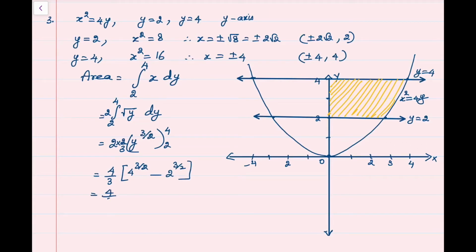Let us simplify. 4 power half is 2, 2 cube is 8, minus root 2 cube is 2 root 2. 2 is common. It becomes 8 by 3 times (4 minus root 2) square units.